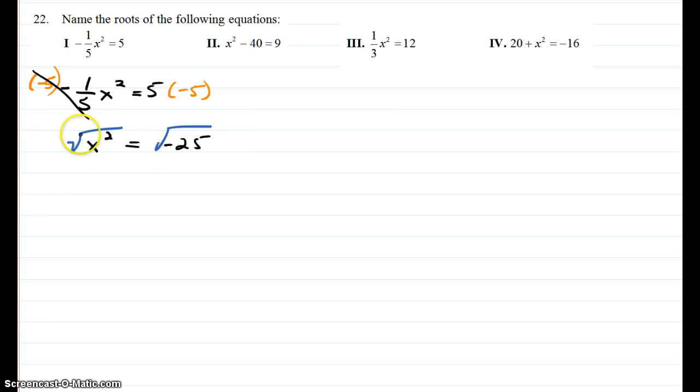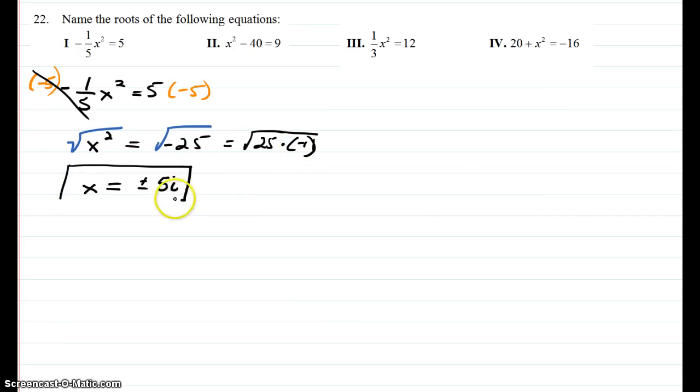And so that gives me x equals plus or minus the square root of 25, which is 5, and so now we have the square root of that negative, because this really just breaks down to 25 times negative 1, and the square root of negative 1 is i. So the roots of this equation are plus or minus 5i.